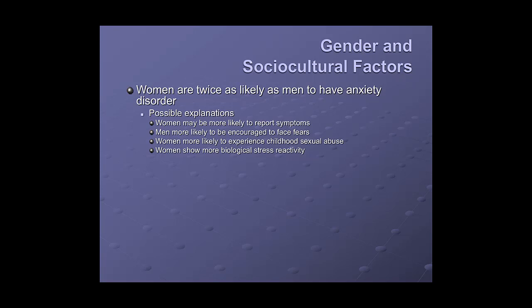Women are more likely to experience childhood sexual abuse. One of the things that's interesting about this relationship between sexual abuse and anxiety disorders and depression later on in adulthood is that when children experience sexual abuse, they are put into situations where they have a lack of control, especially if that abuse is recurrent. They know that the abuse is going to happen, but they don't know when.